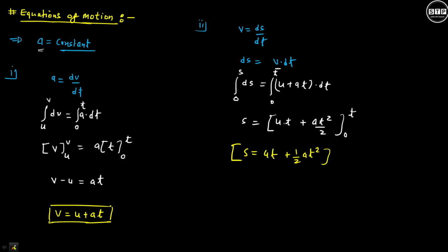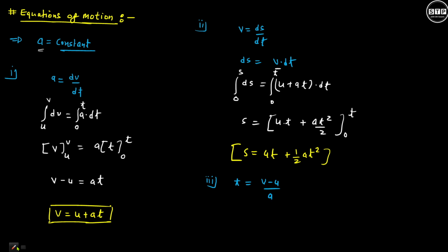Let's go to the third equation of motion. To derive it, we replace t in the second equation using the value of t from the first equation. Can I write t as v minus u divided by a, right?